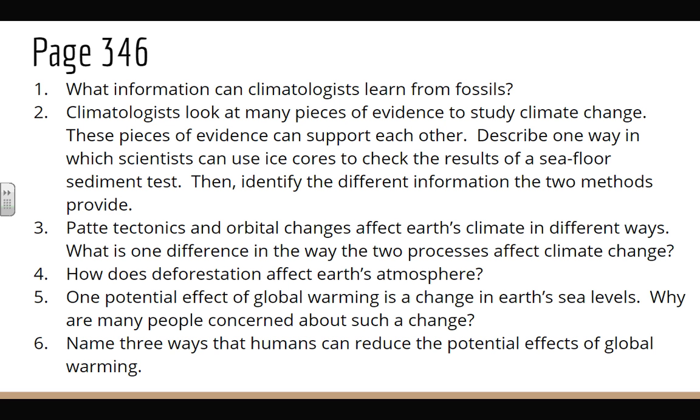Question 2. Answer can be found on page 341. They can look at the gases that were in the environment and determine if one influenced the other.